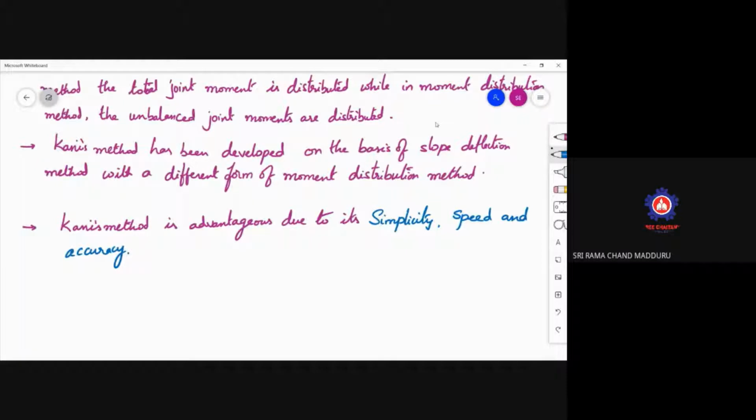It is not quite different from moment distribution, but a slight difference is there. In the moment distribution method, the unbalanced moments are distributed, whereas in Kani's method, the total joint moment is distributed. We will have a look at how the total joint moment is distributed.